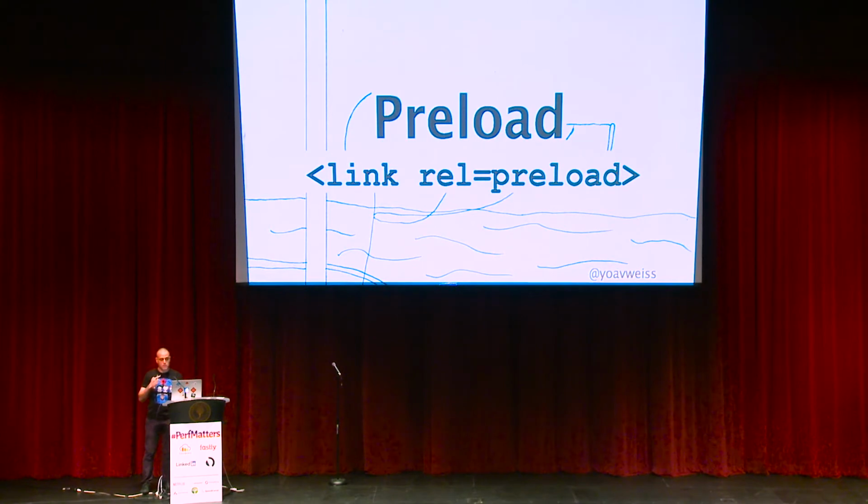So in a sense, it decouples download from execution and enables us to flatten out the dependency trees by preloading late discovered resources ahead of time. So once we use preload, the browser doesn't need to run JavaScript and CSS in order to find the resources that it would have found later.